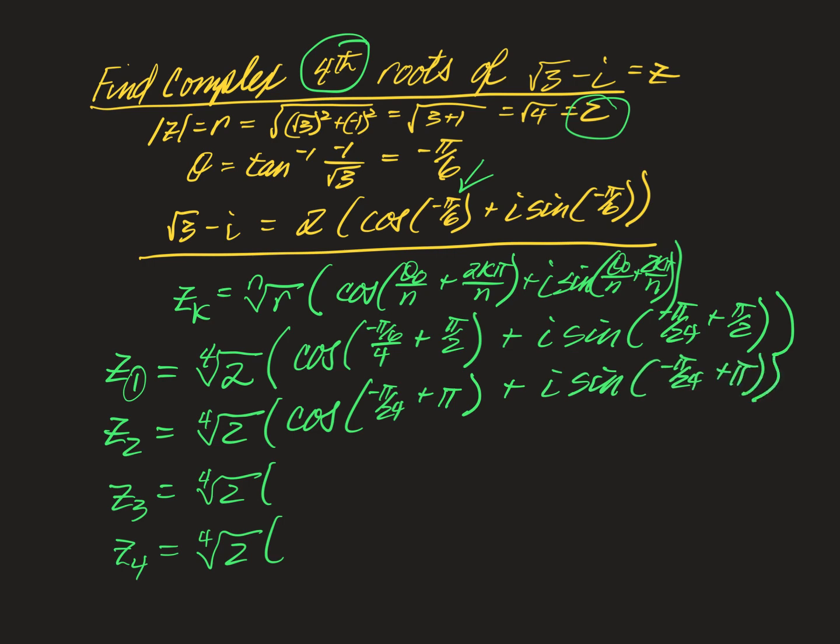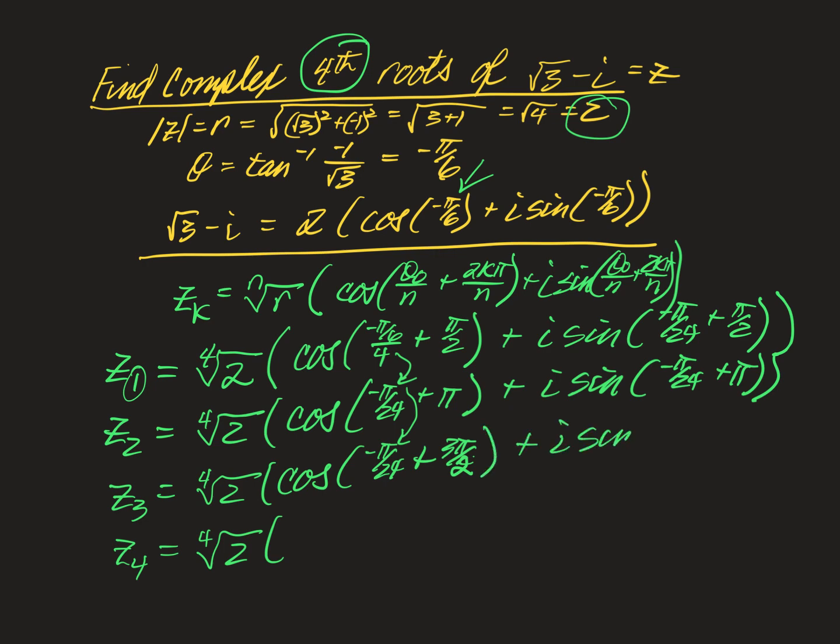And the next one, the cosine of negative pi over 24. Negative pi over 6 over 4, same thing every time, all right? Plus, and now we're going to get 3 pi over 4, or 3 pi over 2. Notice how we're adding pi over 2 each time when we make the k 3 in that case.